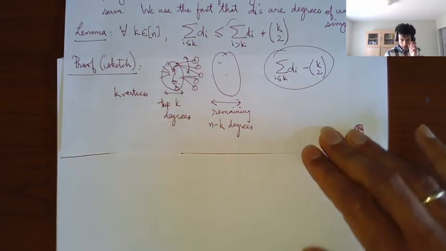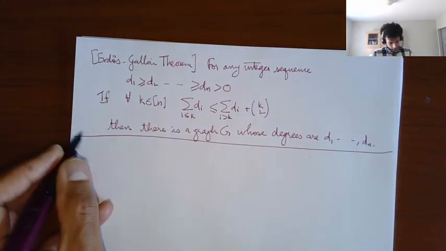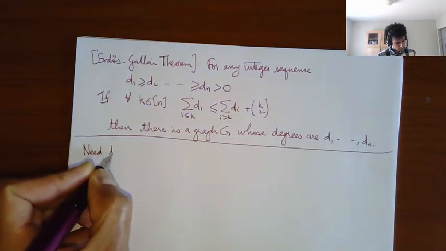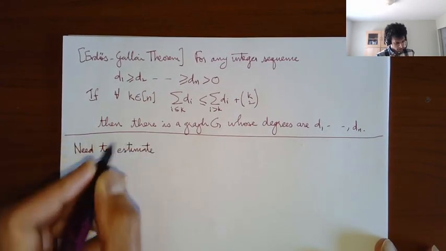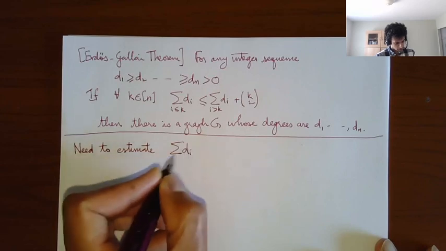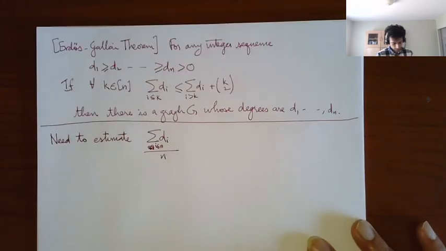Okay, let's go back to this statement. Remember, we need to estimate the summation of di over all i less than n, divided by n. This is what we need to estimate.